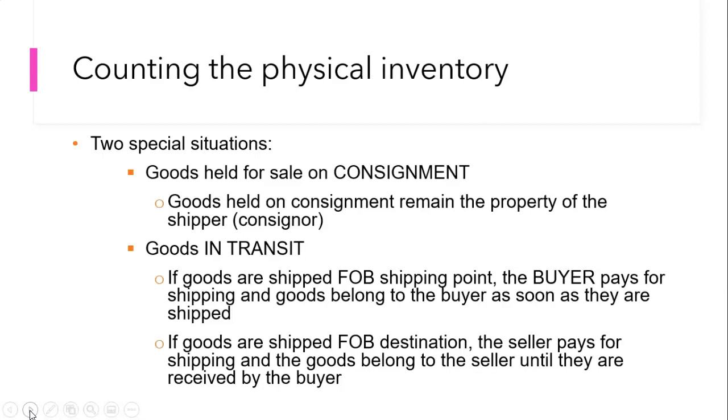Another issue is the goods in transit. These are the goods that are on a truck somewhere, or a ship, or a train, whatever, okay? So we learned about FOB shipping point. That's where the seller only provides freight up to the loading dock at their own place, and the buyer then has to pay for the shipping, for the trucking to get from the seller's loading dock to the buyer.